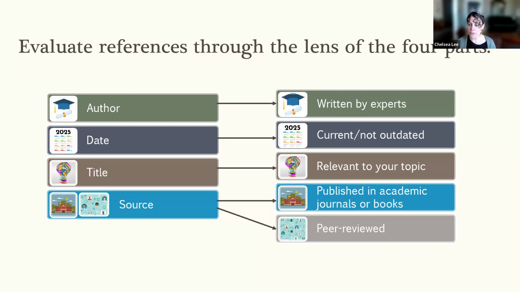For example, if it's published in an academic journal, you know that other experts have looked at it before it went out there into the world, versus, maybe somebody's website that there wasn't that level of checking before it got published. And so using the reference parts as a lens is helpful to get students to understand how to think about a source.